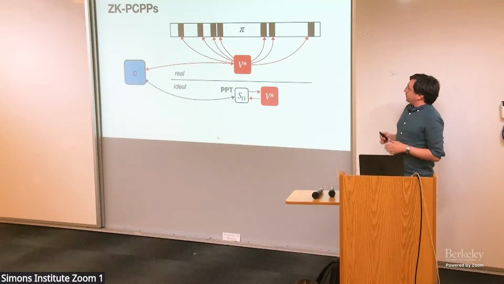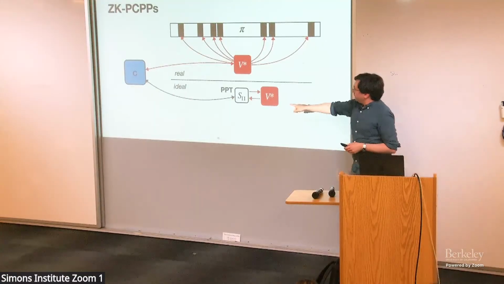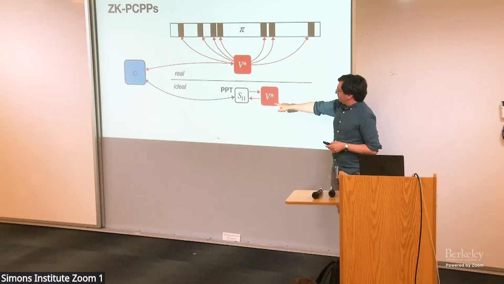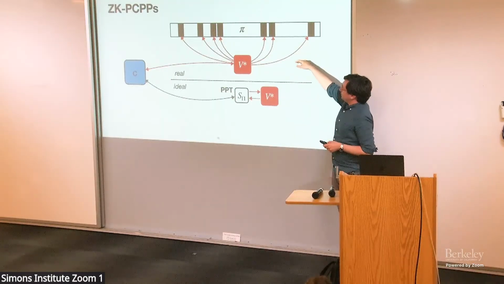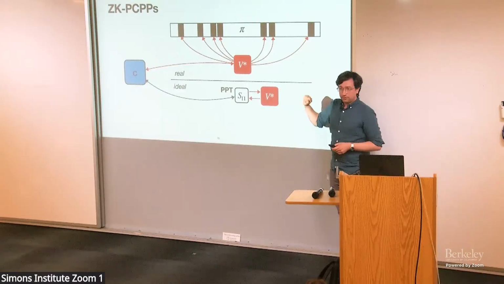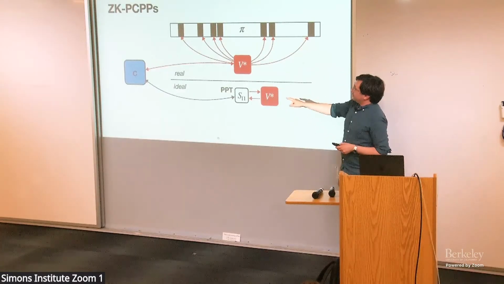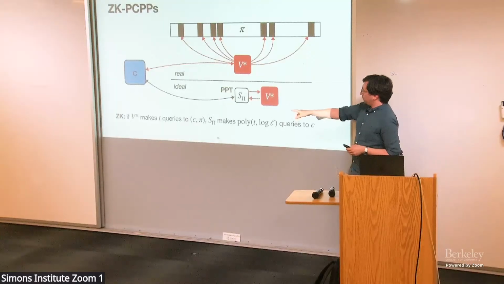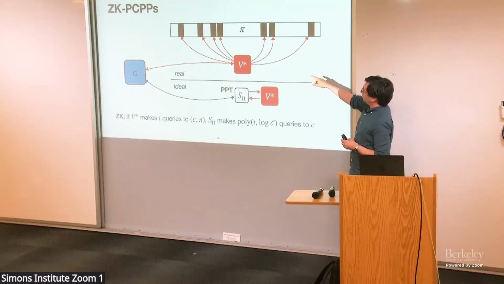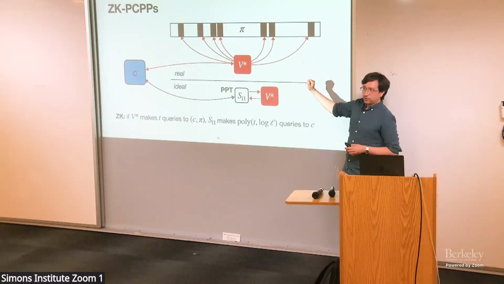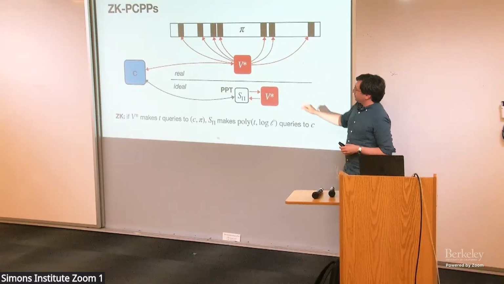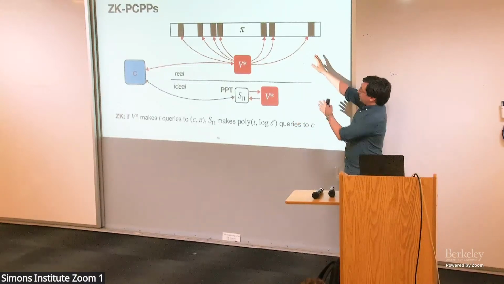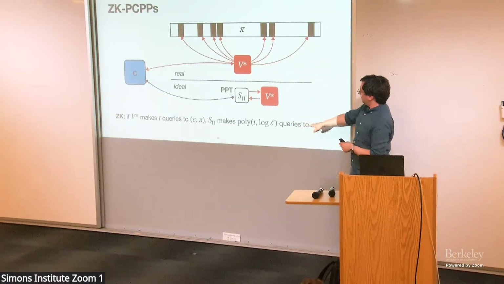It turns out the right thing is that we have a simulator, which again is PPT, which represents the access to both the proof and C, and the simulator should make a bounded number of queries to C. In particular, if V star makes T queries across both of these objects, then we want the simulator to make some polynomial in T and maybe log of the size of C queries to C.